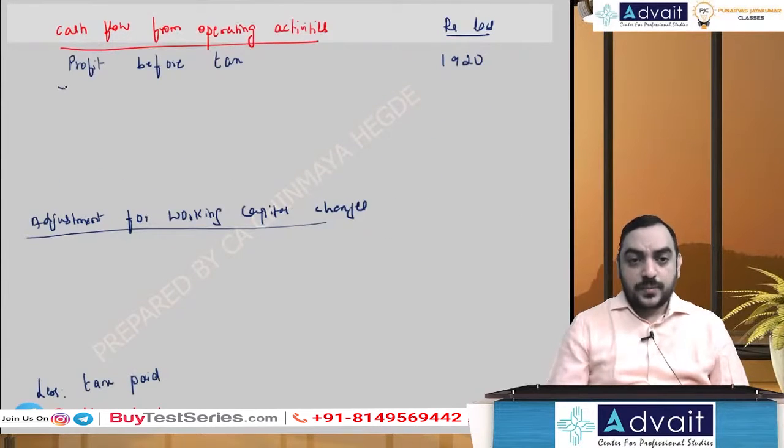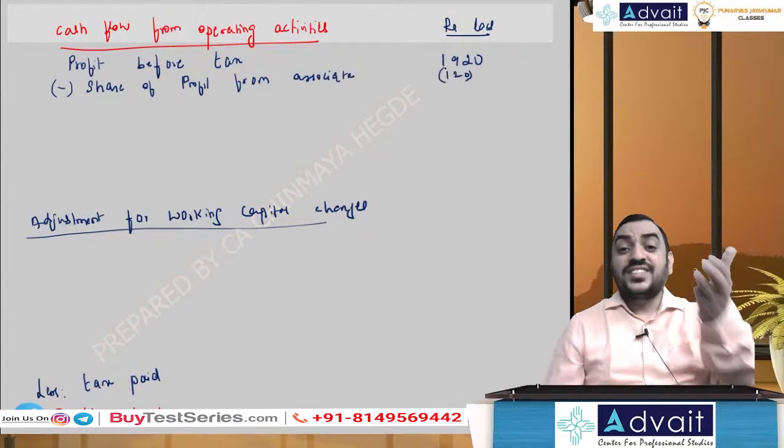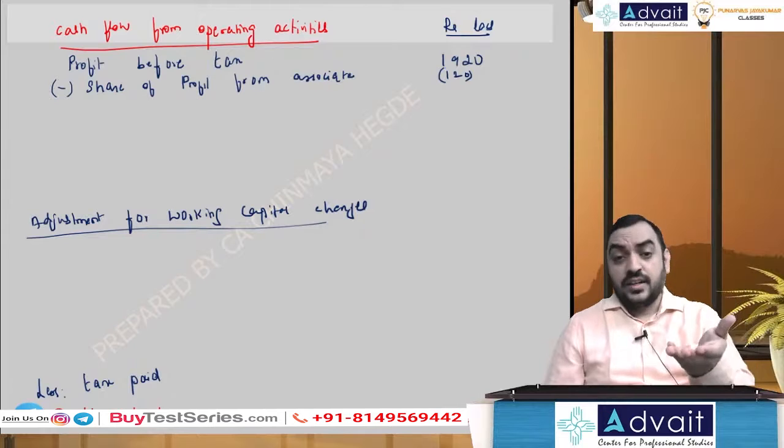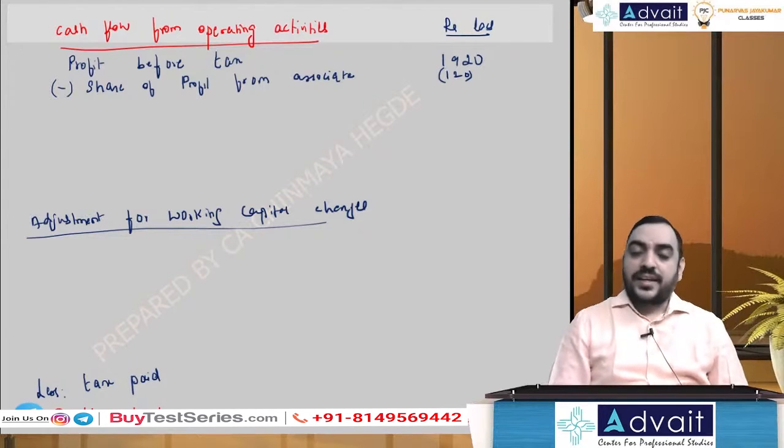So, less share of profit from associate, 120. Why is it minus? Because to arrive at such net profit, it would have been added, and to eliminate, I am subtracting. Why am I subtracting?